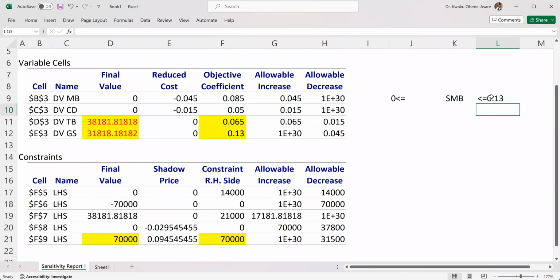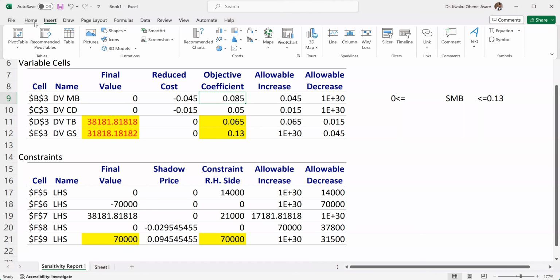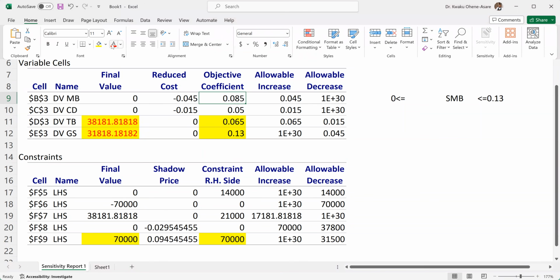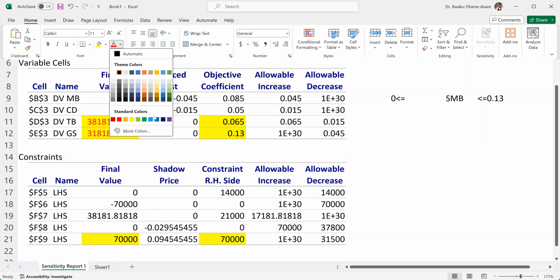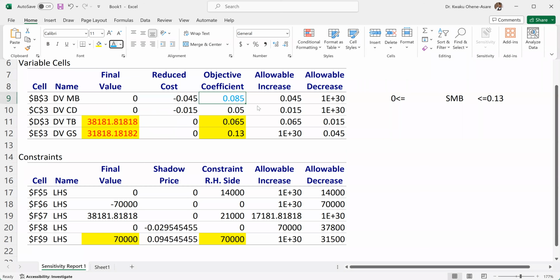Remember, this value of 0.085 is the interest rate. This value actually refers to the interest rate, which is 8.5%. So what does that mean?